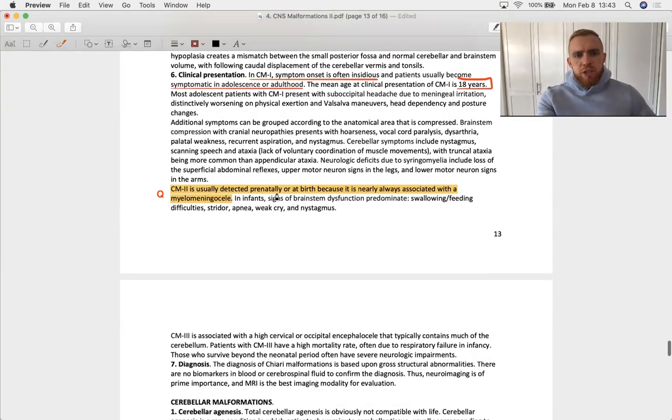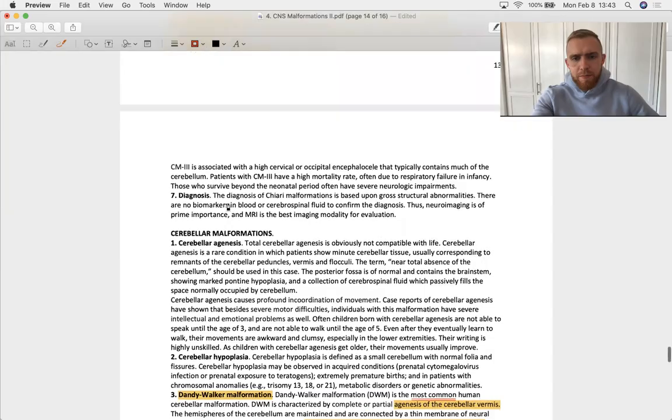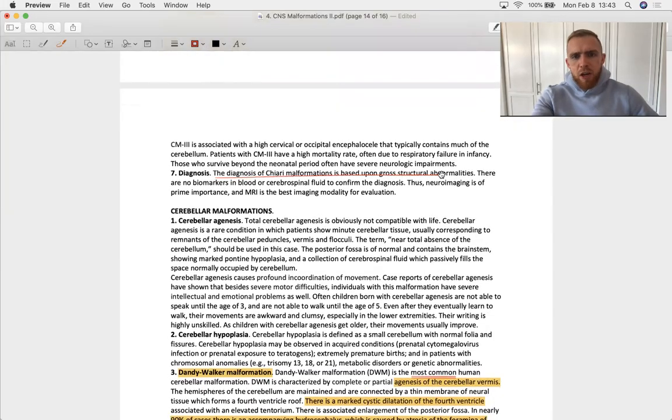Chiari 2 is usually detected prenatally or at birth because it is nearly always associated with a myelomeningocele. What do you know? They just said it a 3rd time. They want you to know that. The diagnosis is based on gross structural abnormalities. What does that mean? It means most times they ask you about this, there will be an associated CAT scan or MRI.